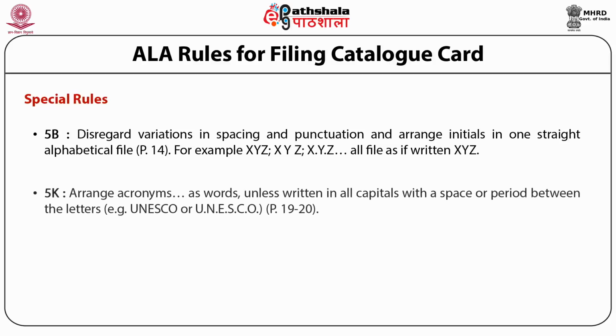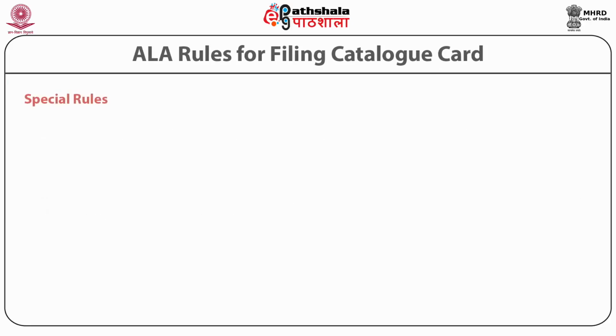Rule number 5K. Arrange acronyms as words unless written in all capitals with a space or period between the letters. For example, UNESCO or U.N.E.S.C.O. This rule is given on pages number 19 and 20.